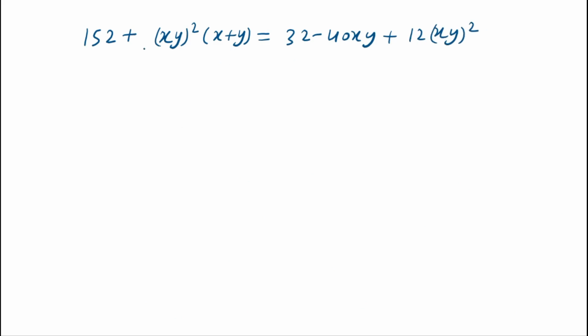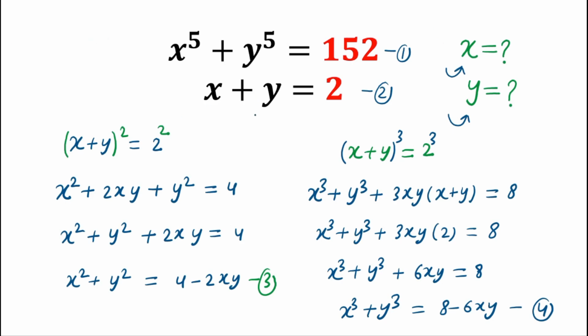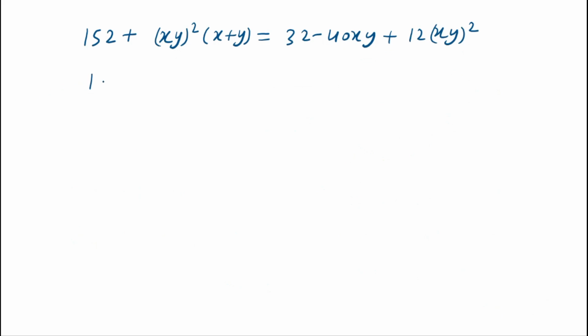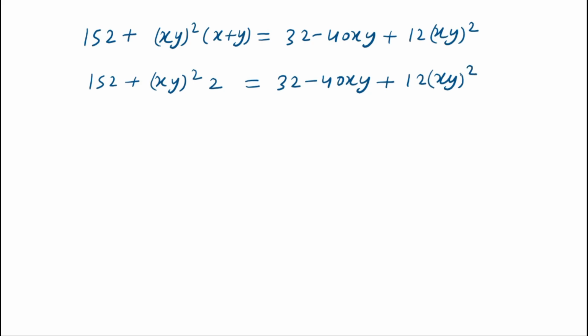And we know the value of x plus y, look carefully, from equation number second, is 2. So 152 plus xy whole square times 2 equals 32 minus 40xy plus 12 times xy power 2.